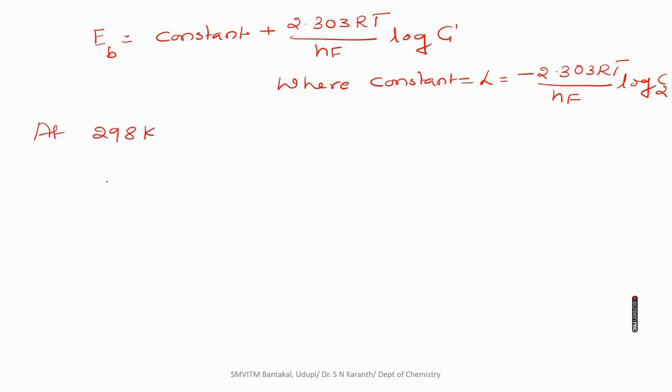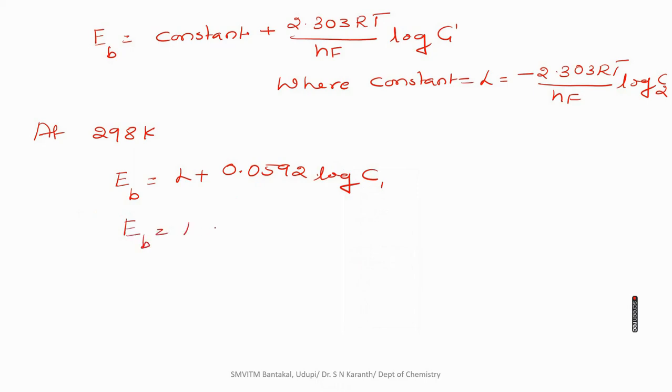This equation can be represented this way: EB is equal to L plus 0.0592 pH, because N is equal to 1. Instead of writing pH, we may write log C1. EB is equal to L plus 0.0592 log C1.